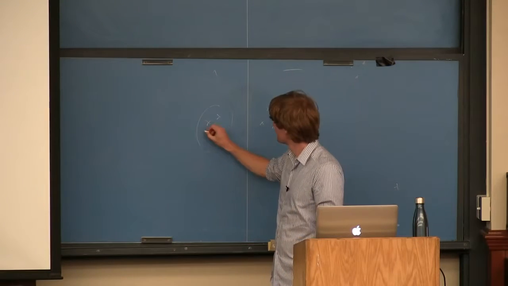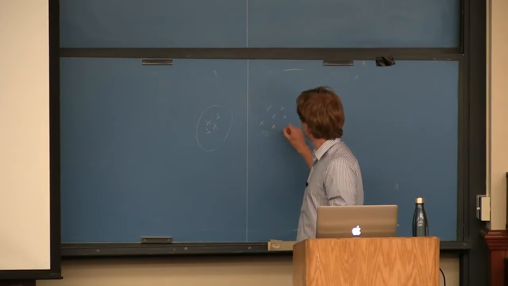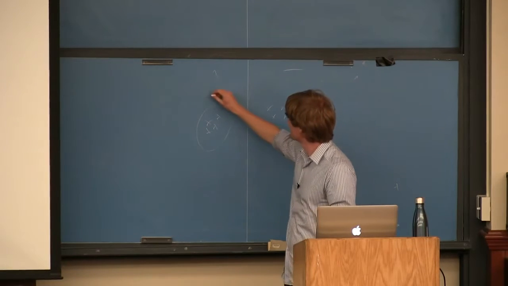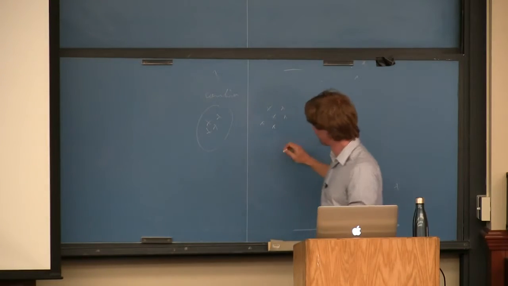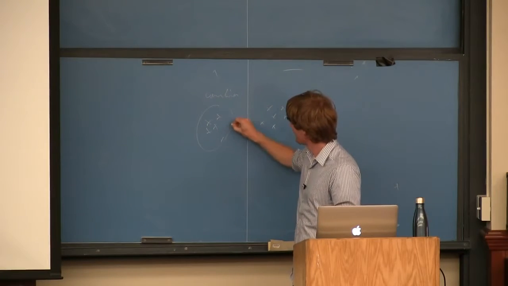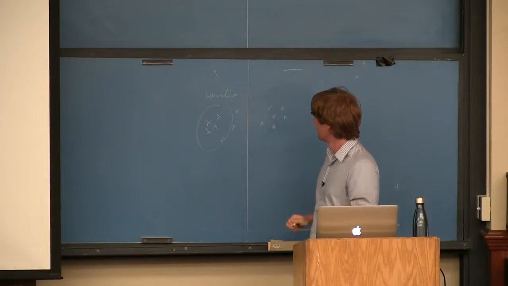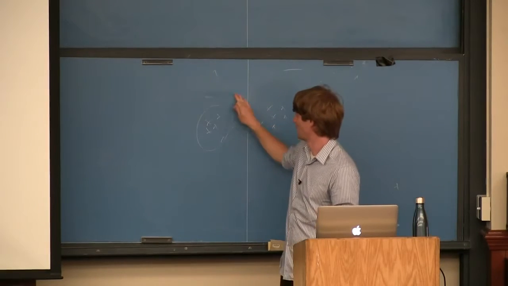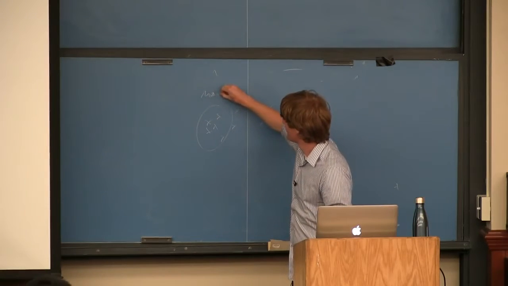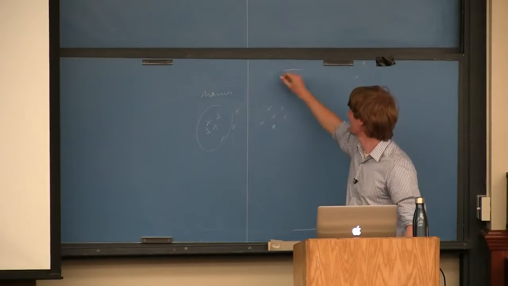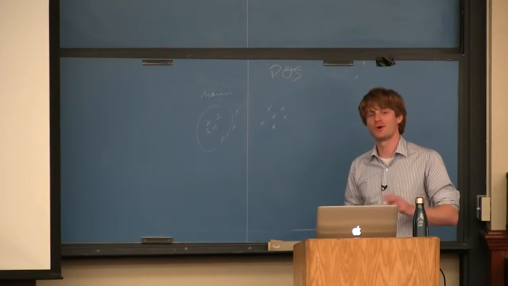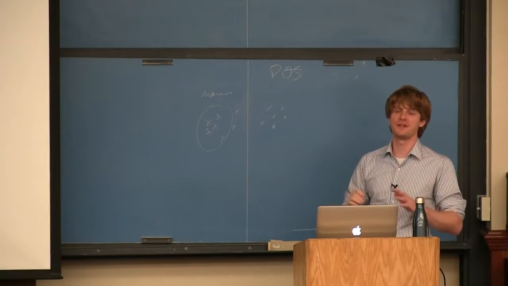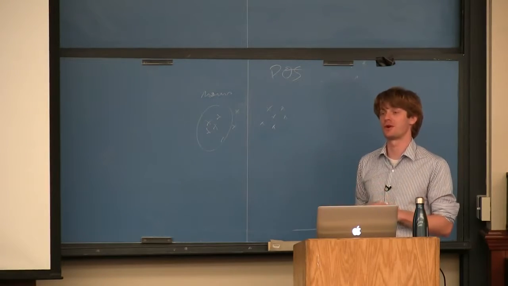Let's say here are all the nouns. I try to train a part of speech classifier, but I only give you 50 or so examples of different parts of speech.